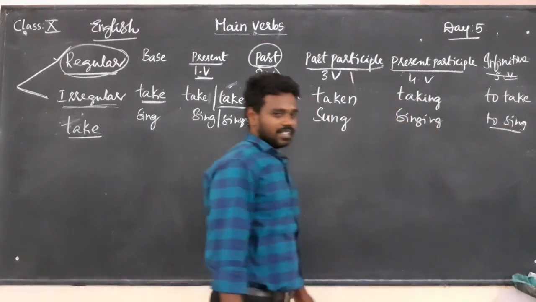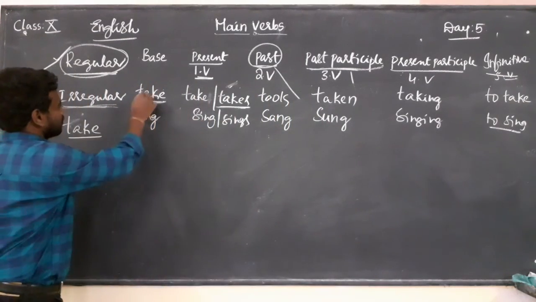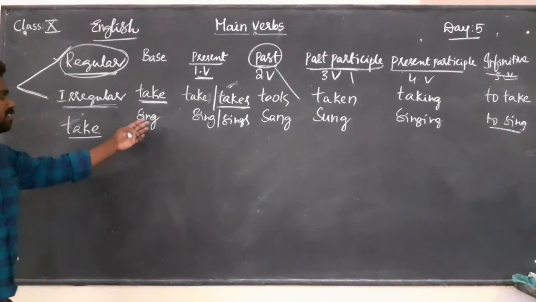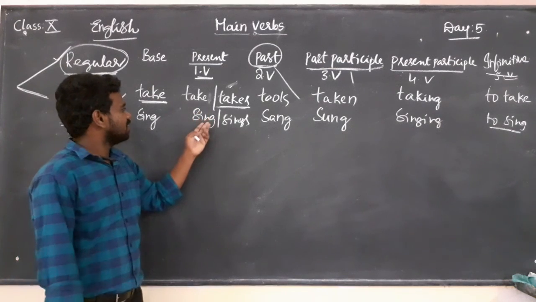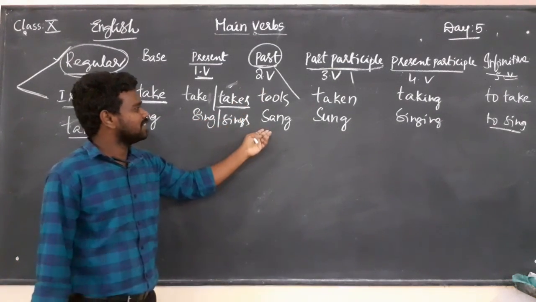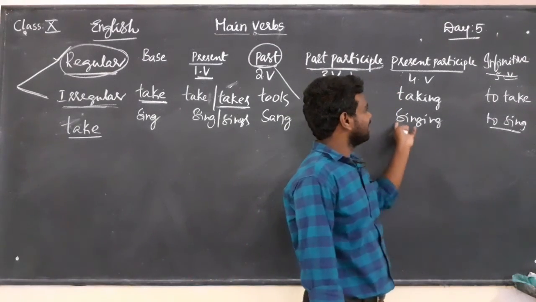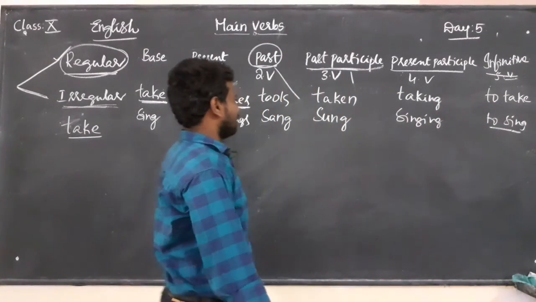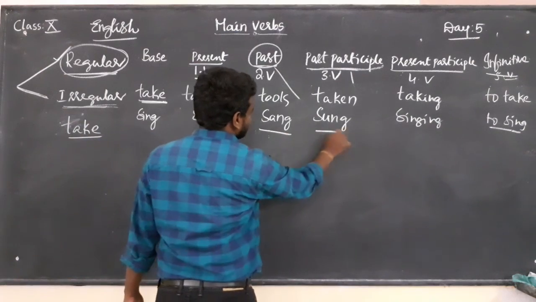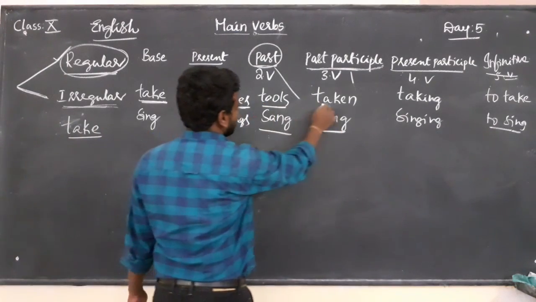So these are the verb forms. What is the present form of sing? Sing or sings. Past form sang, past participle sung, present participle singing, infinitive to sing. So sang and sung, took and taken.